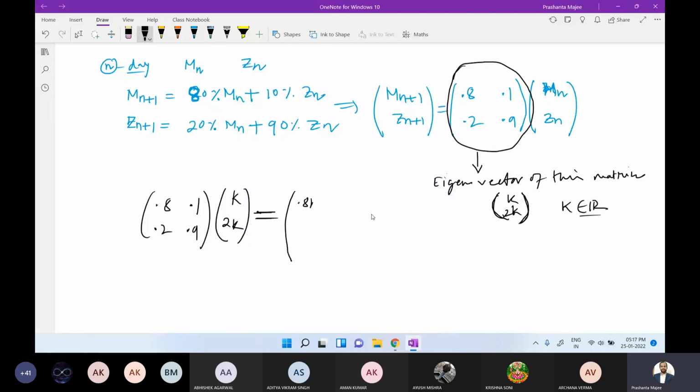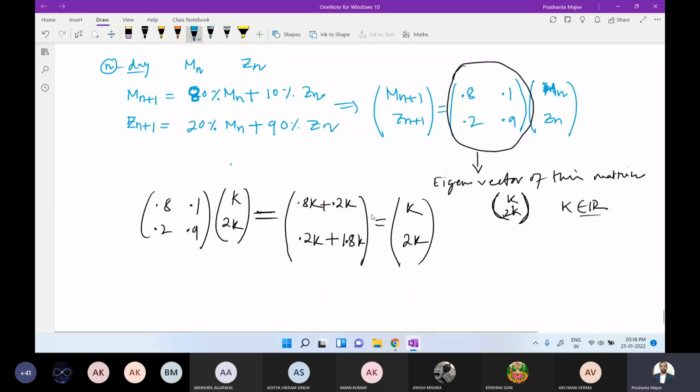0.8k plus 0.2k. 0.1k plus 1.8k. How much you are getting? k, 2k. So you see, initially you had this vector, at the end also you have the same vector.